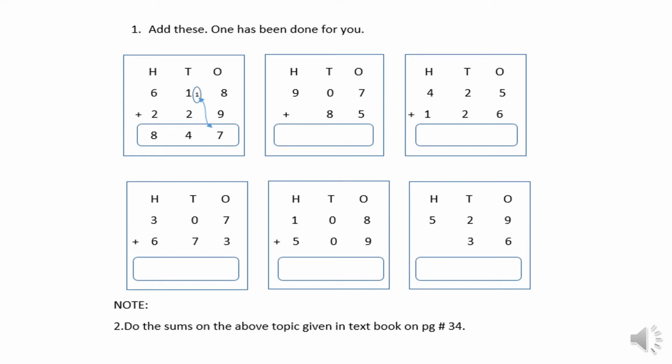There is a note at the end of the page that says to do the sums on the above topic given in the textbook on page number 34. So you will do the sums given in your book on page number 34 in the same way.